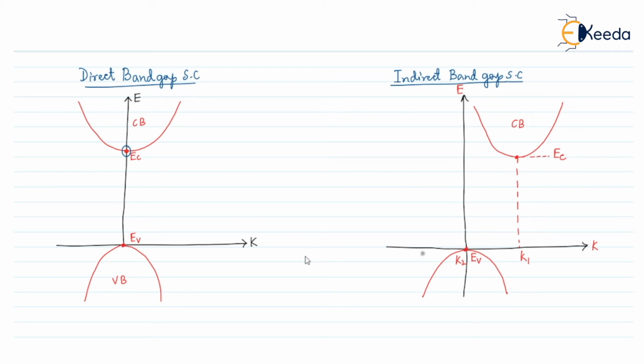What are examples of the direct band gap semiconductor? The example is gallium arsenide, and for the indirect band gap semiconductor, the examples are silicon and germanium. What is the use of direct band gap semiconductors?